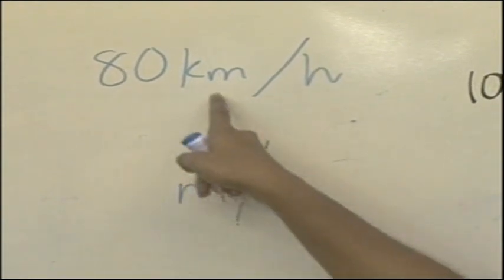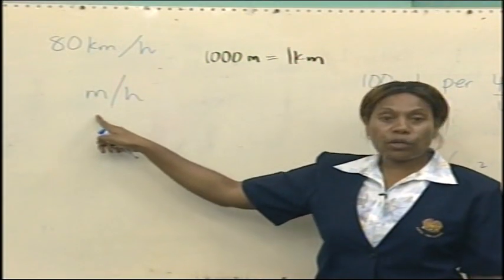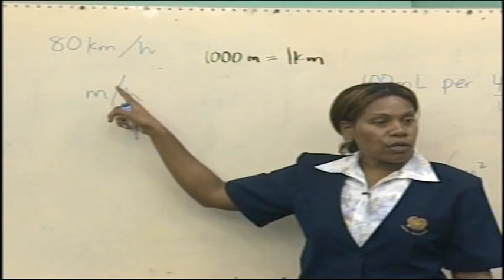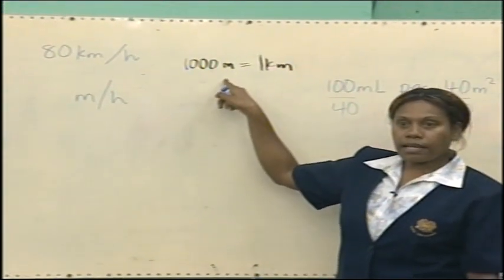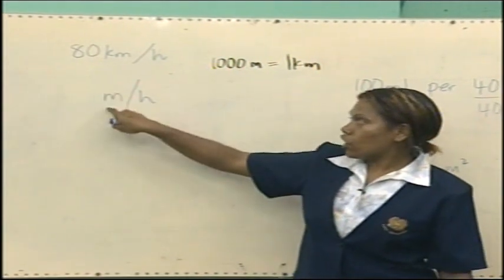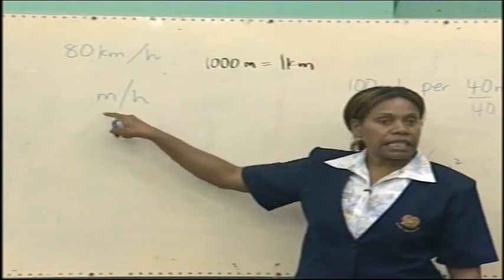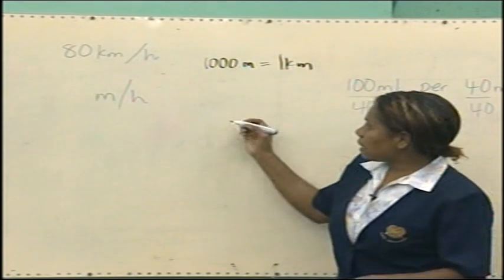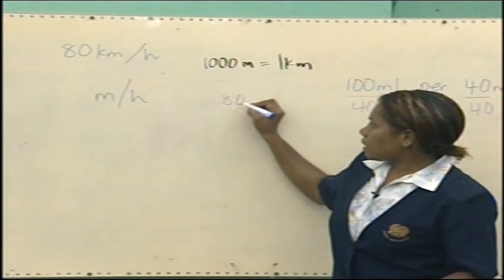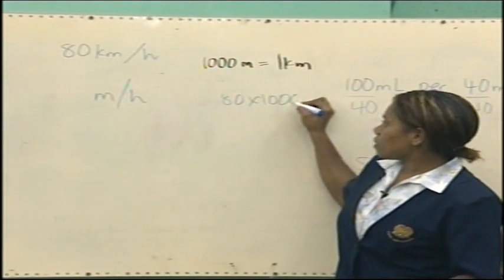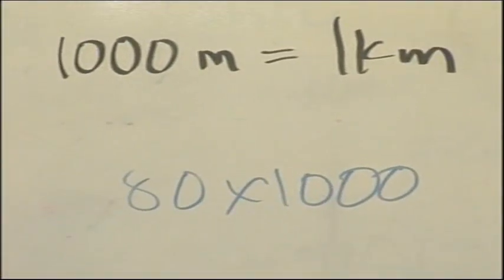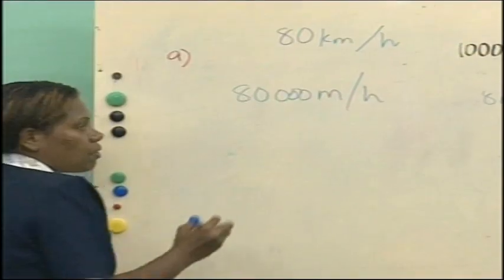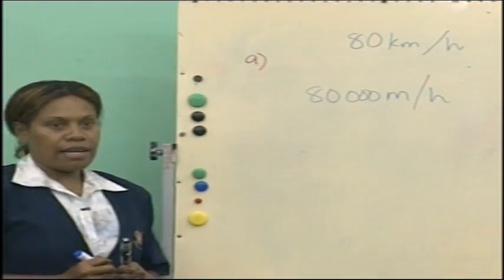When converting a bigger unit to a smaller unit, we are going to multiply. Now we're going to multiply by 1,000. So 80 kilometers when changing into meters will be 80,000, because 80 times 1,000. So our answer should be 80,000 meters per hour.